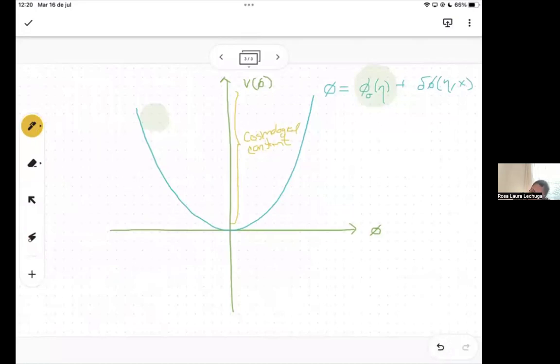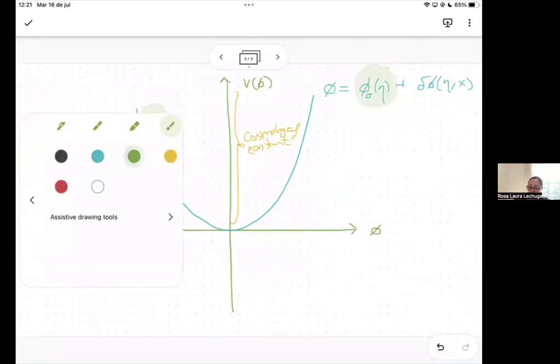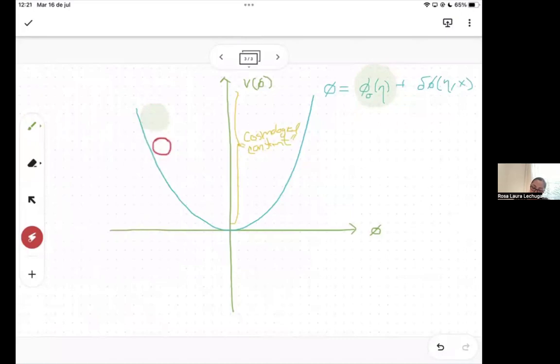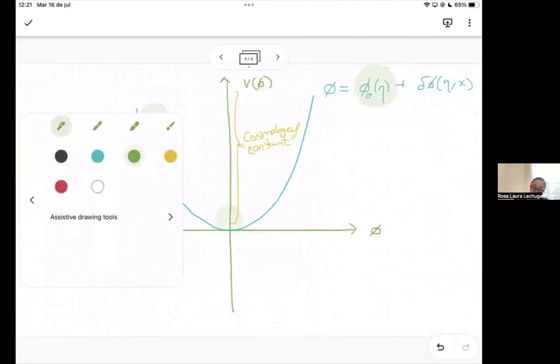because the aim of thinking of this zero mode of the inflation field as a particle is that we can think that this rolls down this potential and at the end reaches the minimum of the potential.